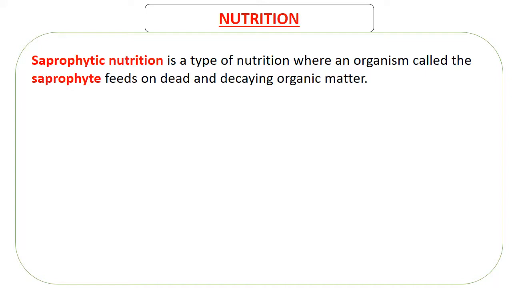So when something is dead and is left on the ground, for it to disappear, it has to be digested by certain organisms that are usually invisible to our naked eyes, and those organisms are saprophytes. That type of nutrition is the saprophytic nutrition we are talking about here.